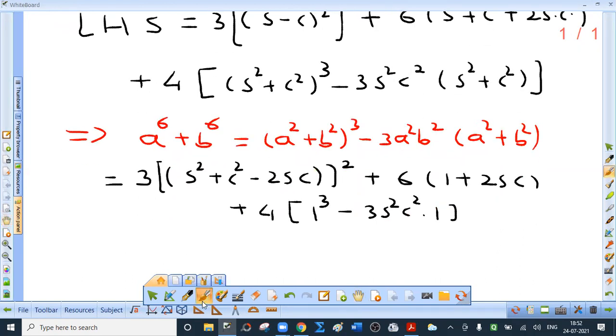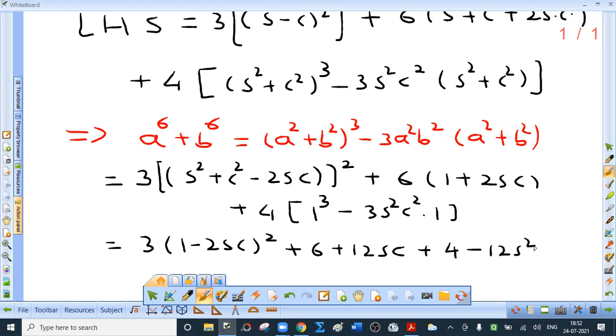So this is nothing but 3 into 1 minus 2 sine cos bracket square, okay, plus 6 plus 12 sine cos plus 4 minus 12 sine square cos square.